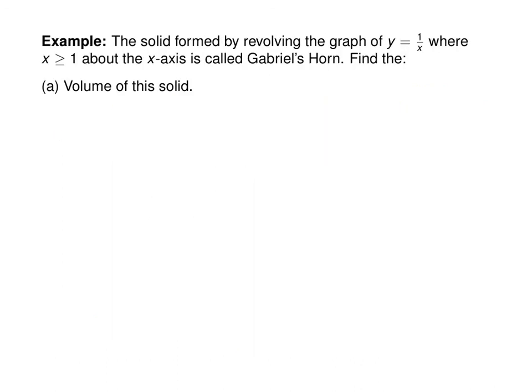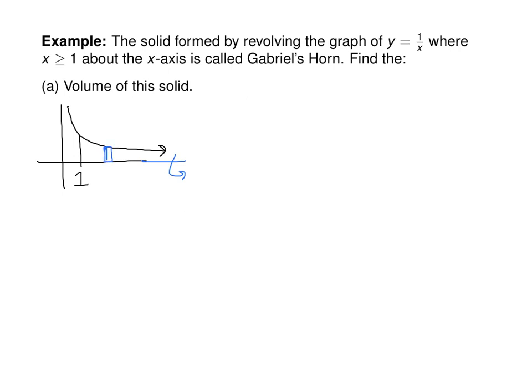In this next example, we are going to find the volume of an infinite solid of revolution and the surface area of the same thing. So we have 1 over x for x greater than 1 rotated about the x-axis. So there is my 1 over x that I care about. From 1 to infinity, I'm going to rotate this about the x-axis.